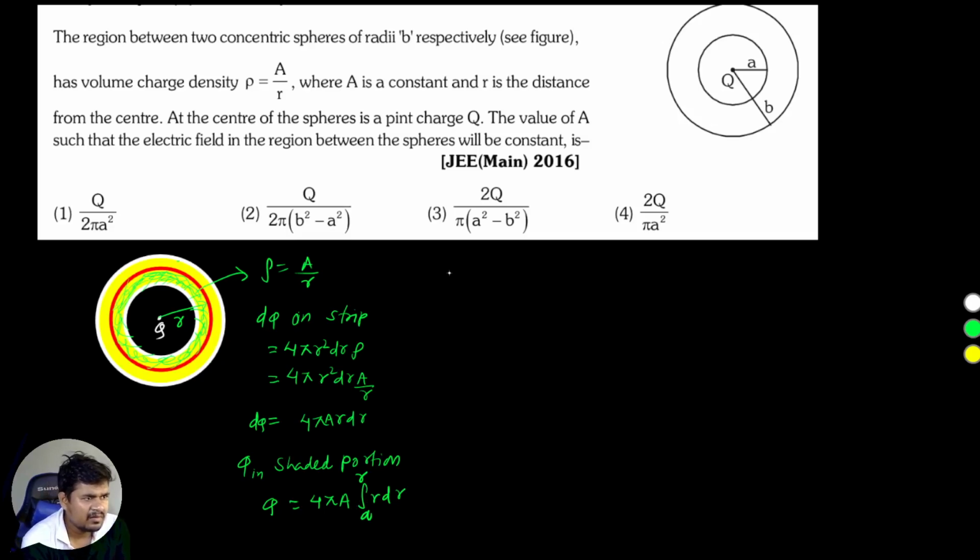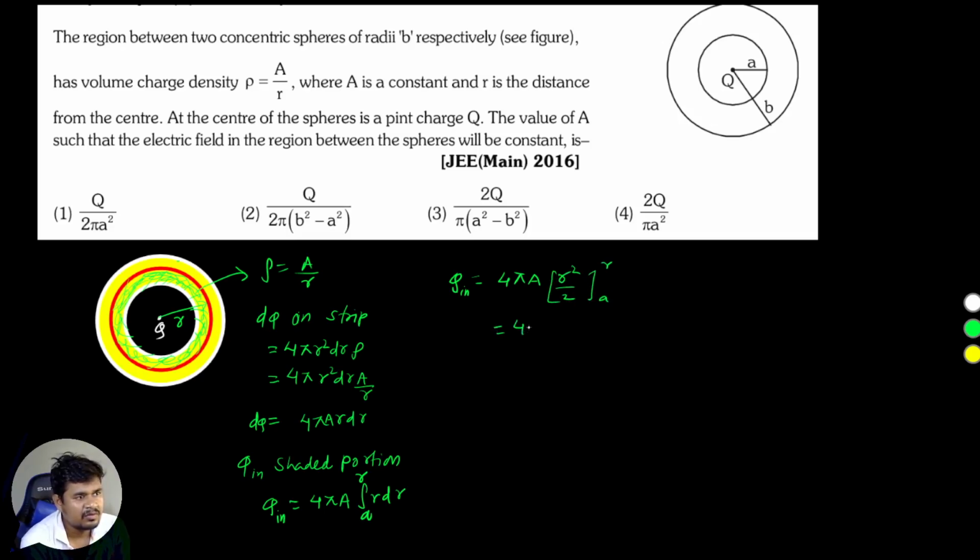So q enclosed becomes 4 pi a times r square by 2, from a to r.